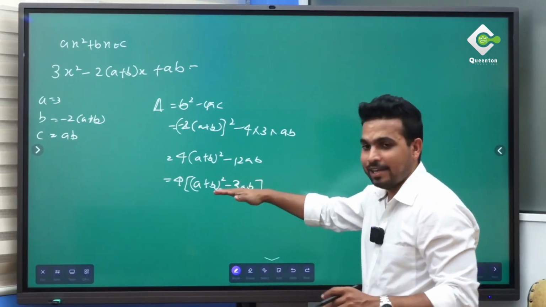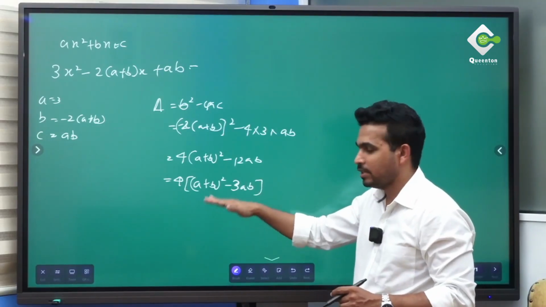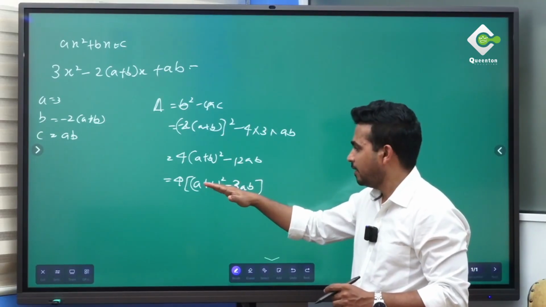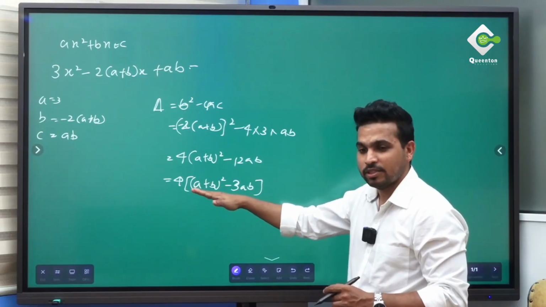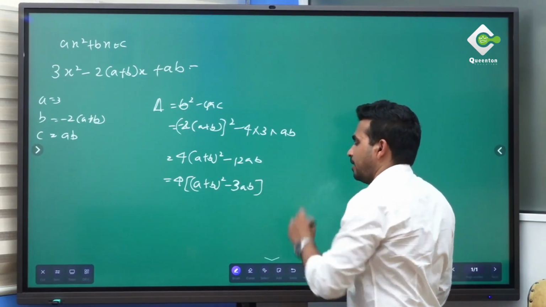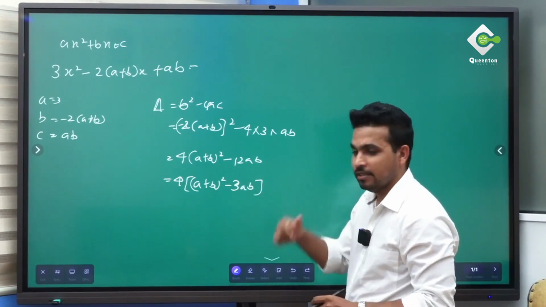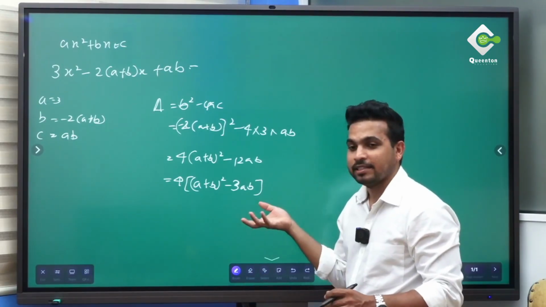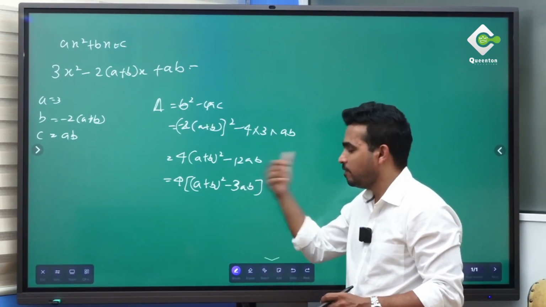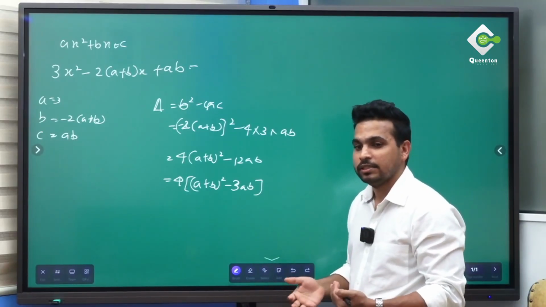At this stage, can anyone tell whether this is positive or negative? I don't think anyone can, because a and b are unknown values and we have a minus here. Even though we have the plus here, still we can't say because a and b are unknowns.